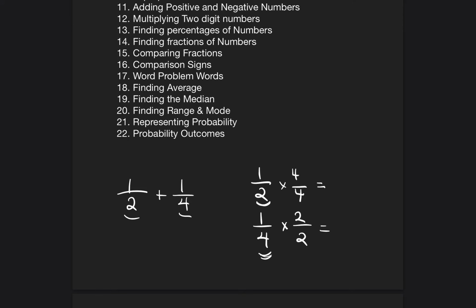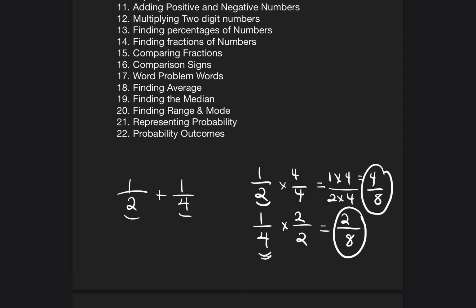So I literally just multiply by each other's denominators. So I do 1 times 4 is equal to 4. And then 2 times 4 is equal to 8. And then I do 1 times 2 is equal to 2. And then I do 4 times 2 is equal to 8. And so now I have 4 over 8 and 2 over 8.